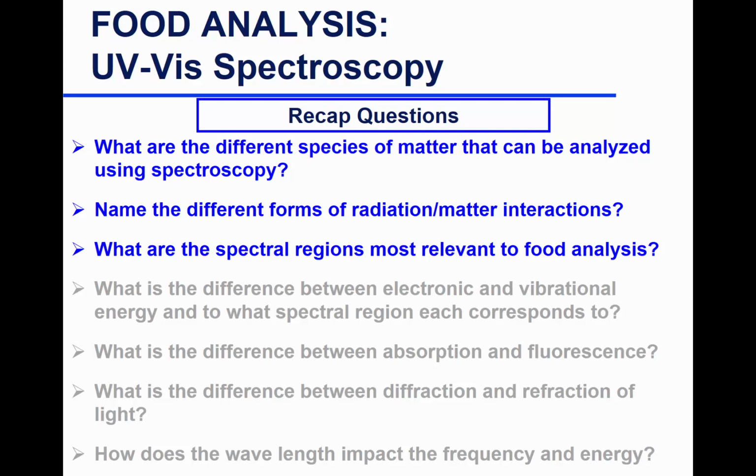So UV-visible energy allows for electronic transition, because in the UV-visible light you have higher energy, and remember the energy levels of the electronic are larger than the energy levels of the vibration.